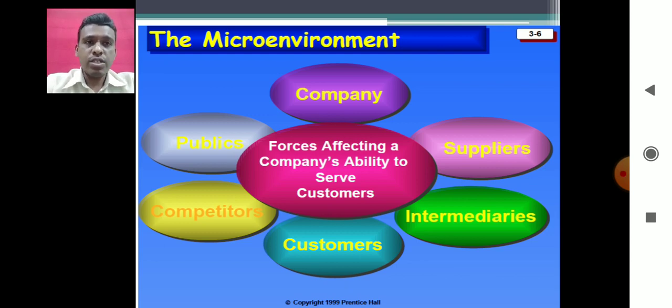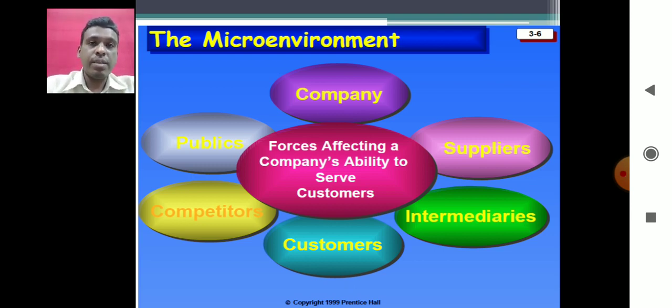So what are its constituents? What are the factors that affect the company's ability to serve its customers? They are the company itself, that is the factors within the company.